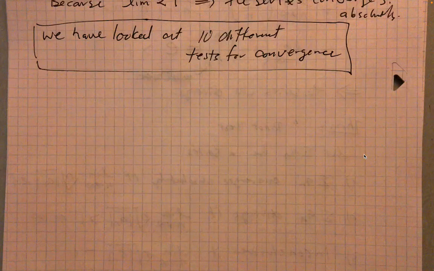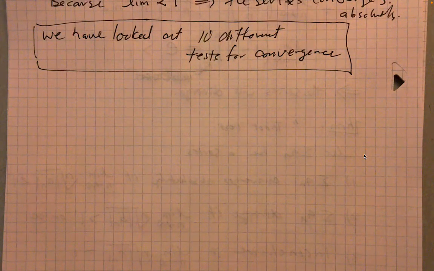There's a lot of things we can try. We had the integral test, p-series, geometric series, ratio test, root test, absolute convergence, direct comparison. What else do we have here? We had tests for alternating series. We had telescoping series tests. So a whole bunch, 10 in fact.